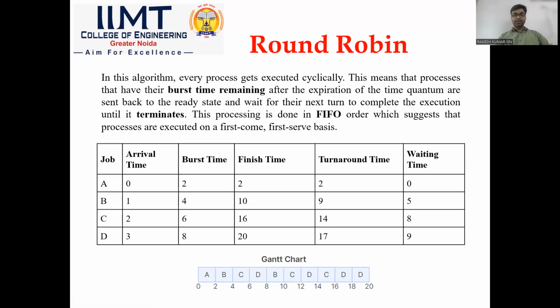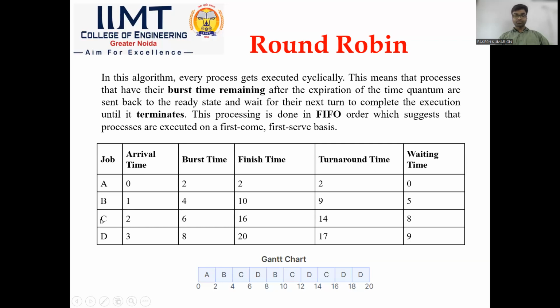So process A arrives at time 0, its burst time is 2, and the time quantum is also 2. That's why it executes completely, 2 units of time. Now the second process B has a burst time of 4, but it will execute only 2 units of time, and the remaining burst time for next time is 2.